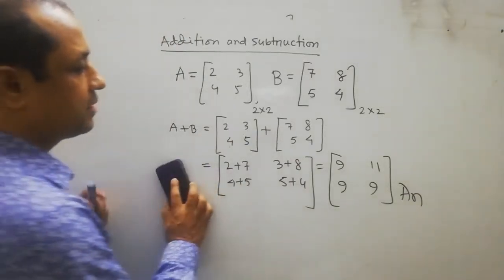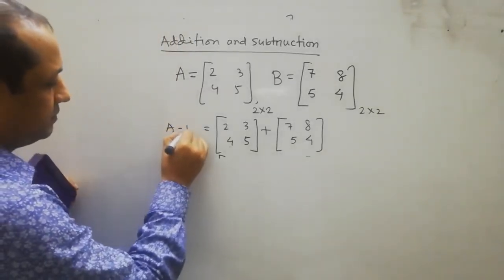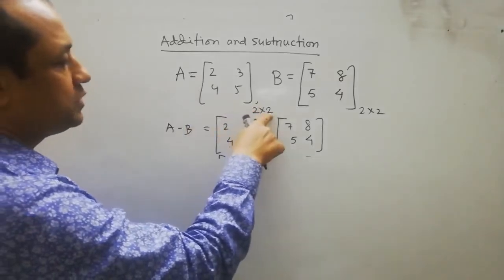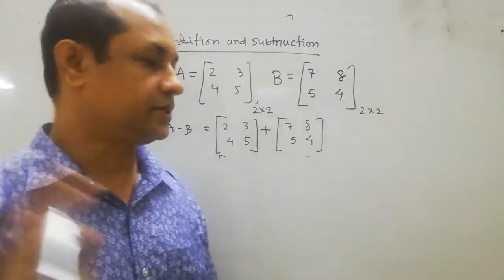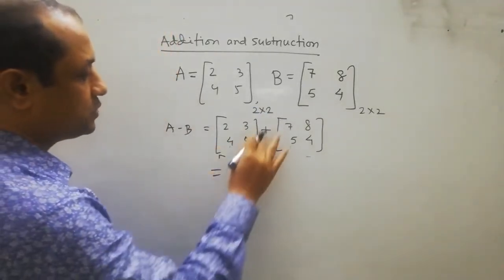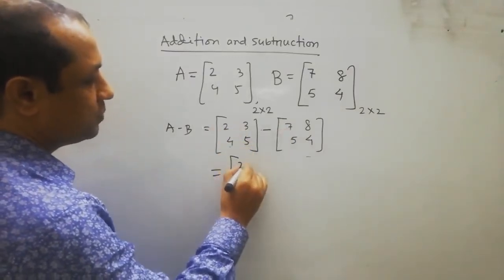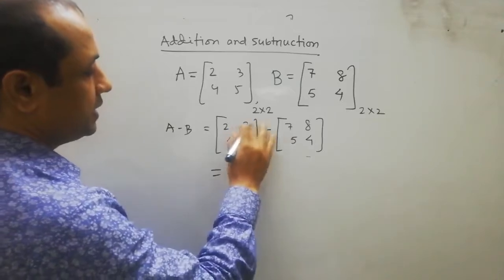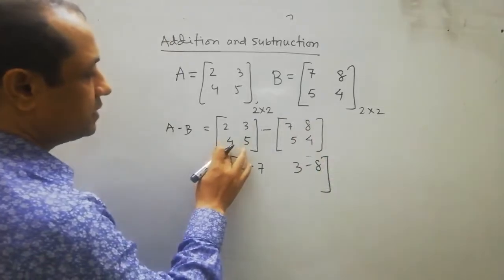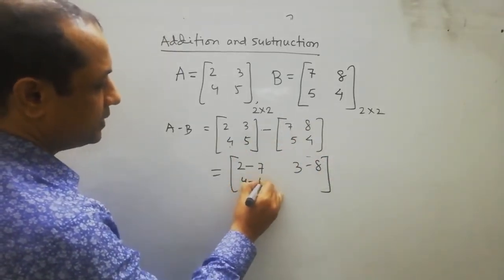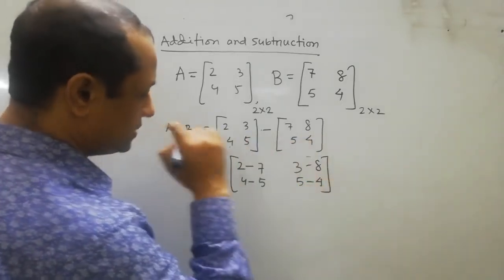So students, this is the subtraction matrix. Here A minus B. A is a 2 by 2 matrix, B is a 2 by 2 matrix, so they are of the same order. Now A minus B: first entry 2 minus first entry 7, and 3 minus 8. Then third entry minus third entry, 4 minus 5, and fourth entry minus fourth entry.